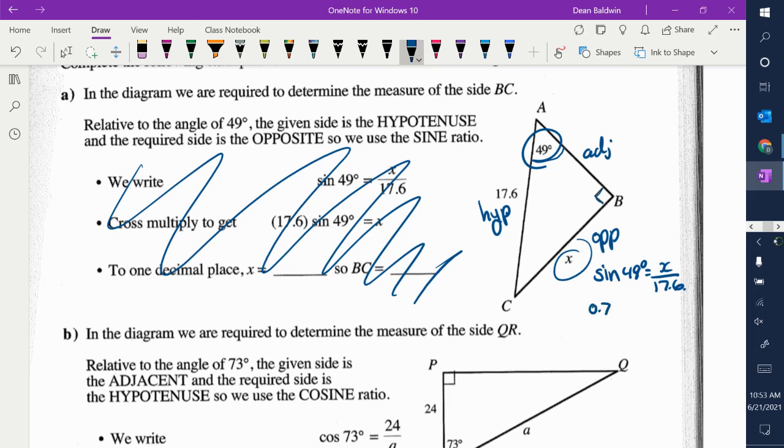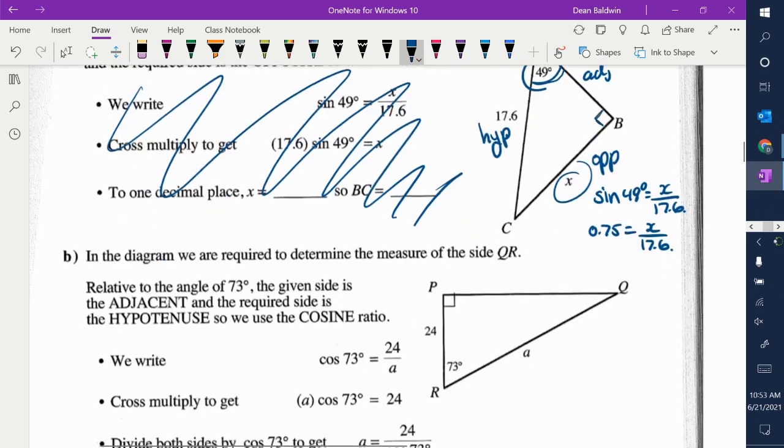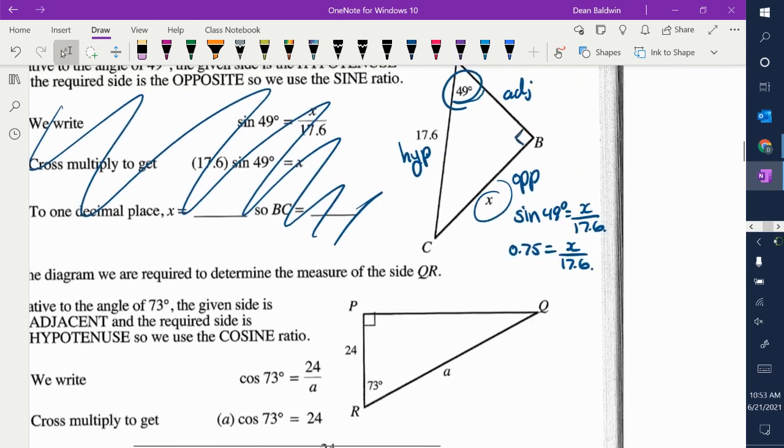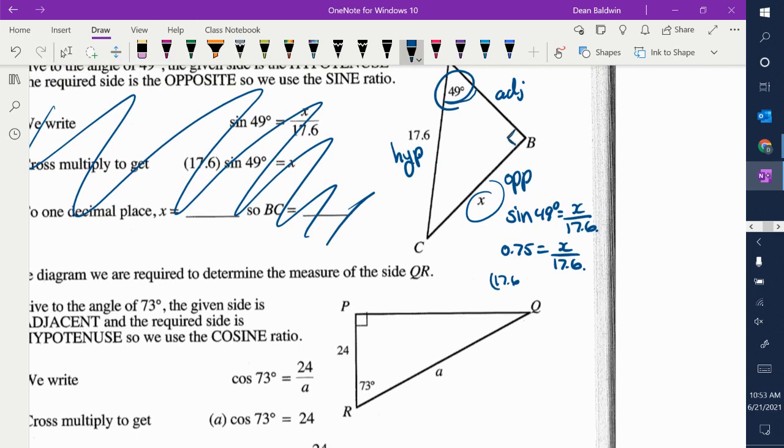So 0.75 is equal to x over 17.6. How do I solve for x here? That's it. Multiply the 17.6 up. So x equals 13.3. Is that right? Or something close to that?